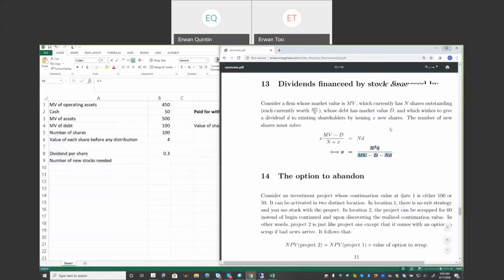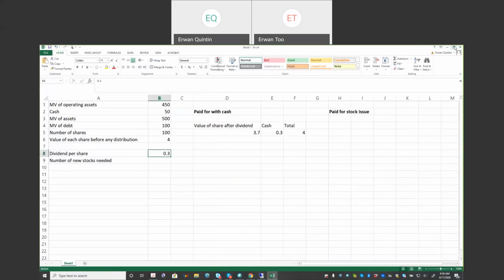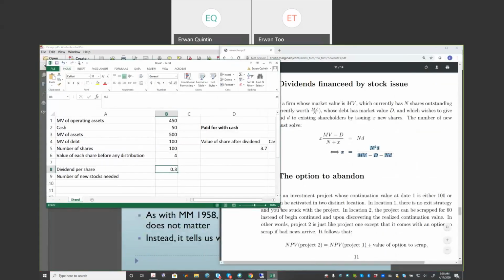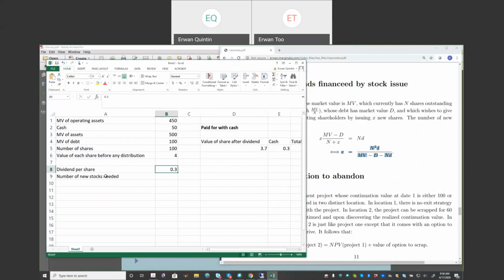So let me put it on both screens here so I can have them side by side. That's going to be nice. Yes, very good. So number of new stocks needed. I'm going to put a little X here so you know what I'm computing. So the number of new stocks needed is going to be equal to, I'm just going to follow my formula.